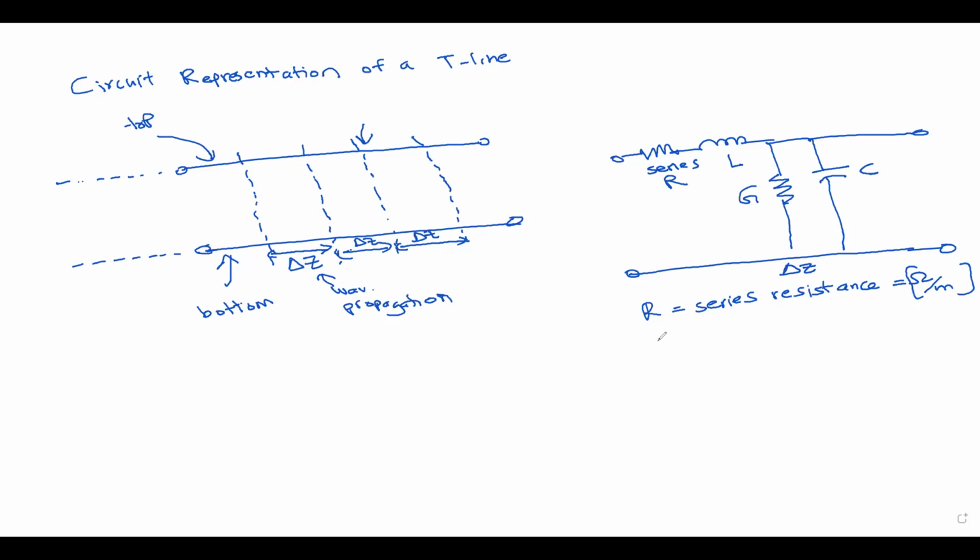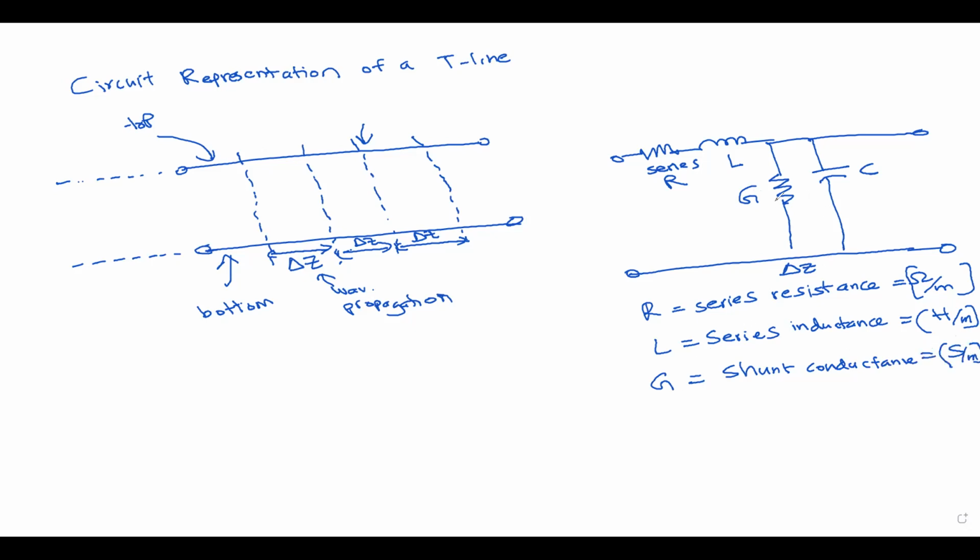The value of L is the series inductance, given in Henry per meter. The shunt conductance is given in Siemens per meter.